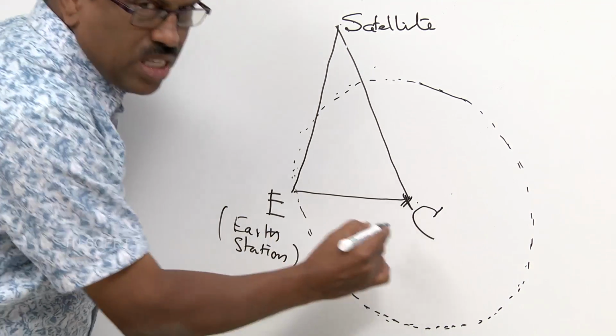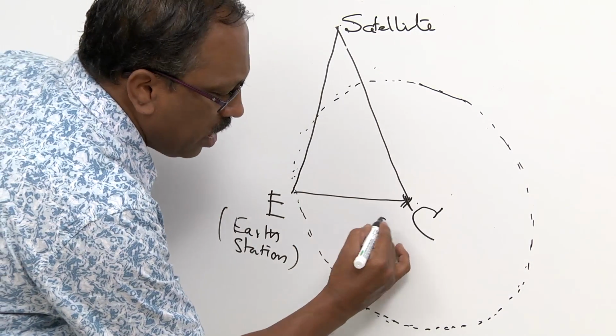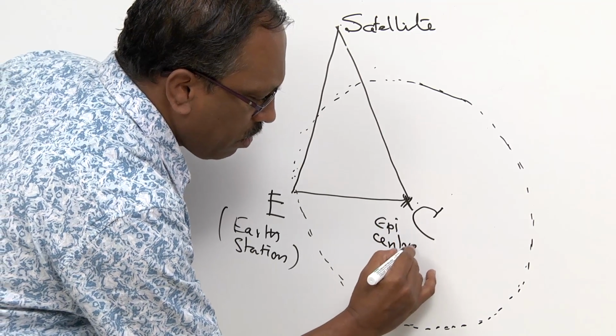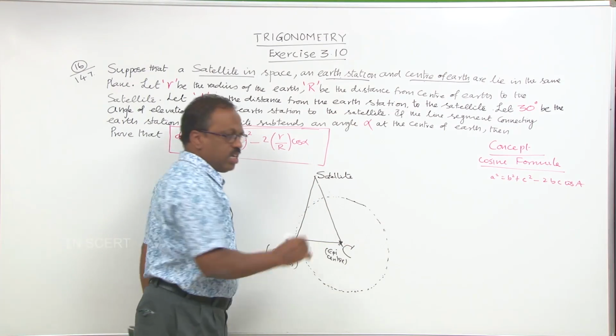And this is the epicenter, which we can call C, because both are in the earth. Here it is given the center of earth. Okay, let us take it as C.